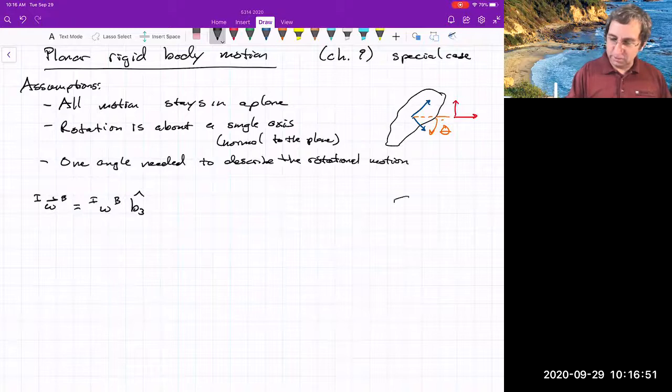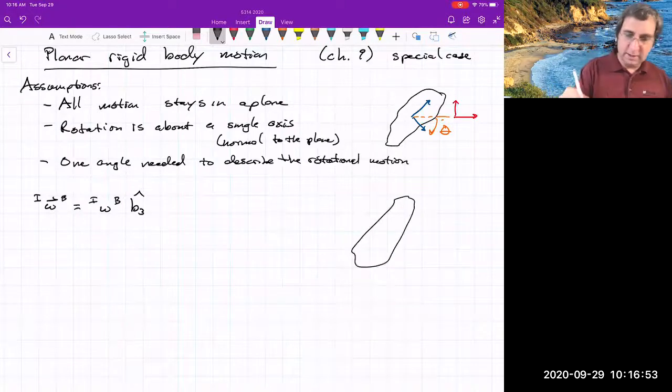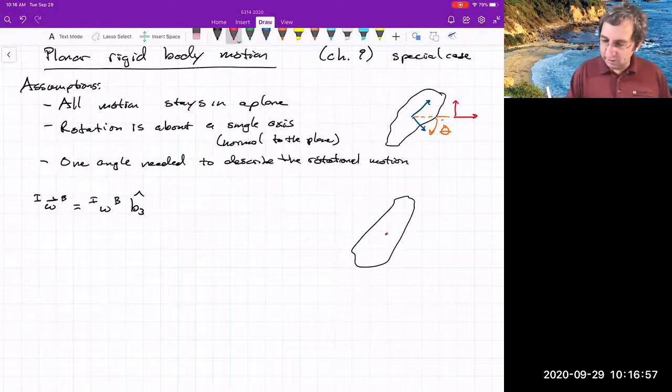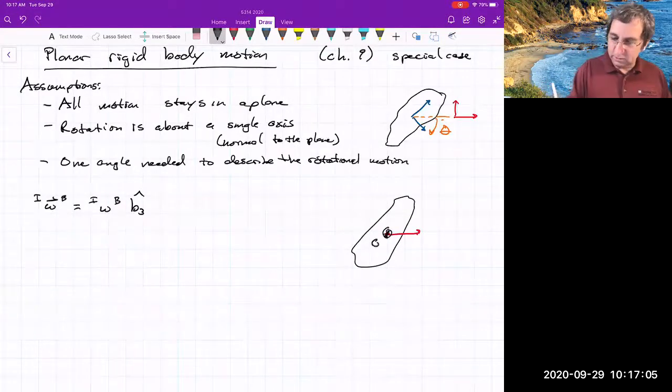Maybe I'll draw a different arbitrary rigid body over here and more carefully write, let's use the center of mass as our origin here. Here's some inertial directions.